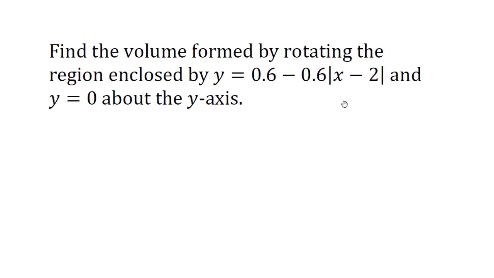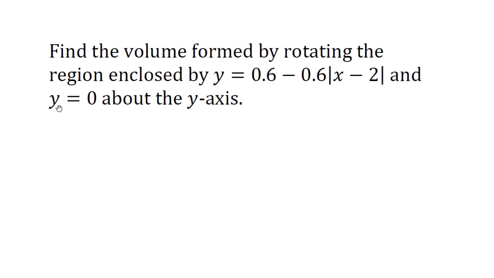Now allow me to use my graphing calculator with Desmos.com to show the graphs one by one. We have two graphs. One of them is given by y equals 0.6 minus 0.6 times the absolute value of x minus 2.